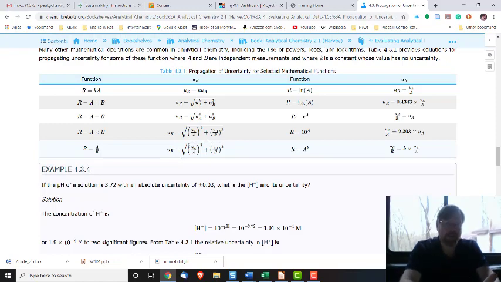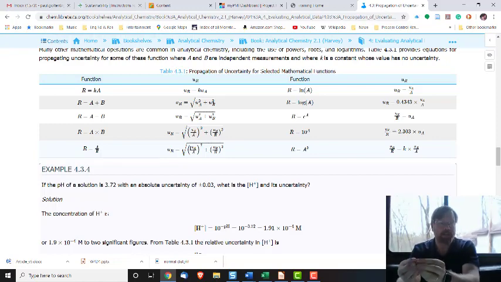Now my number of moles is probably another calculation, so I would calculate that uncertainty based on that calculation. So it is probably going to be a constant, being the molecular weight, times the mass of whatever it is I've got in there.